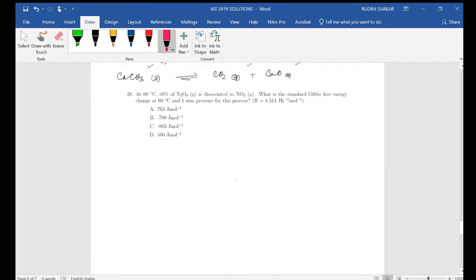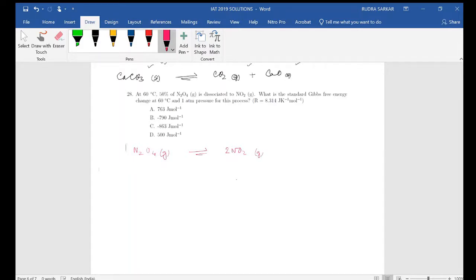Okay, in this question, it is asked at 60 degrees centigrade, 50% of N2O4 gas is dissociated to NO2. What is the standard Gibbs free energy change at 60 degrees centigrade and at 1 atmospheric pressure for the process? So over here we are having N2O4, which is a gas, and it is dissociating to form 2NO2 gas.